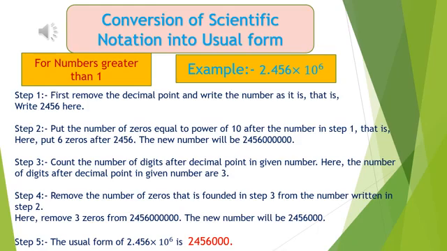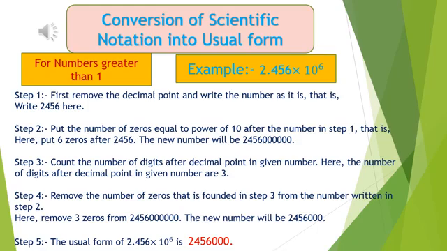First, I am taking a number that is greater than 1. If your number is greater than 1, then in scientific notation, will the power be positive or negative? Remember, positive. So I am taking the example 2.456 multiplied by 10 raised to the power 6.